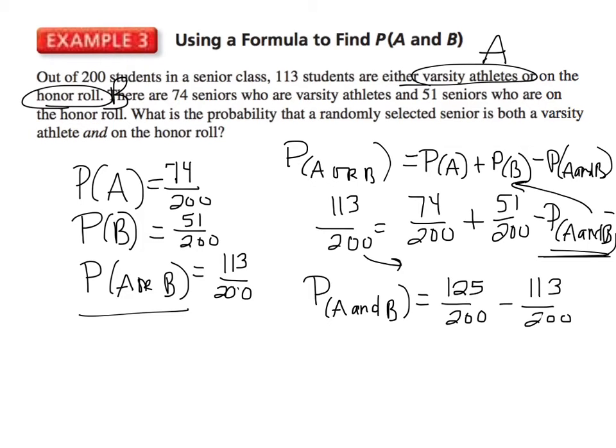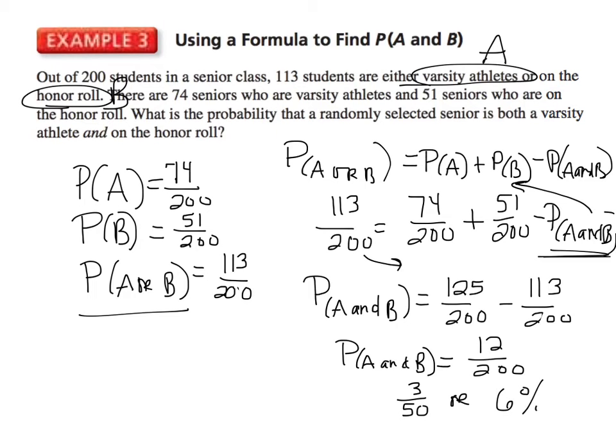All right, so subtracting 113 200ths, which gives us the probability of A and B, which gives us 12 200ths, which simplifies into 3 50ths, or 6%. So what is the probability that a randomly selected senior is both varsity and on honor roll? It's about 3 out of 50, or 6%.